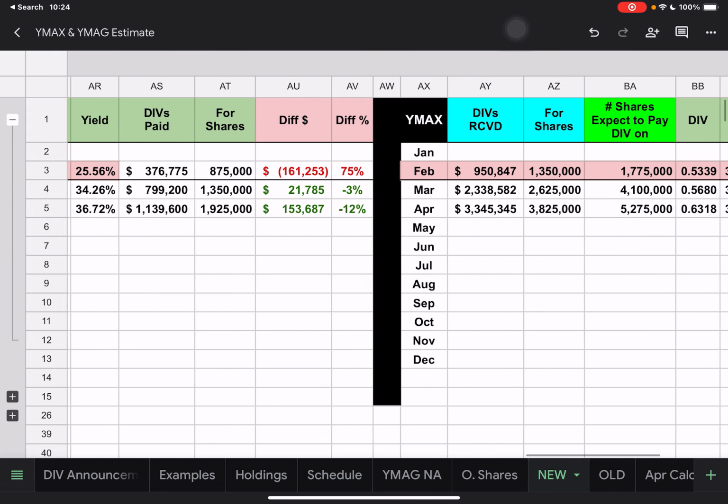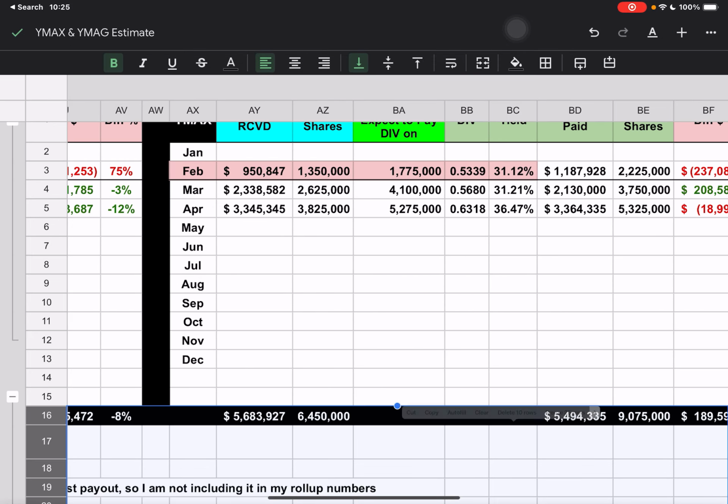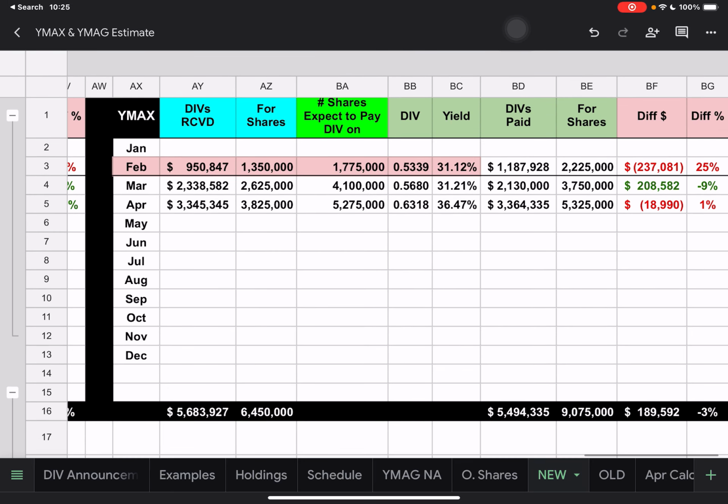Sorry, I just realized my totals are hidden down here. I decided not to account for February in my totals because my data was off by a day, because this was before I was pulling the data daily. So these could be off by that amount, and I hated to include it in the number saying that they overpaid when I can't confirm for sure that they did.